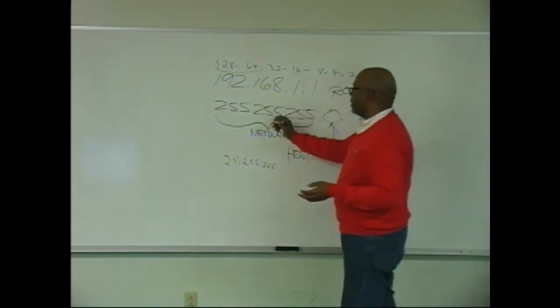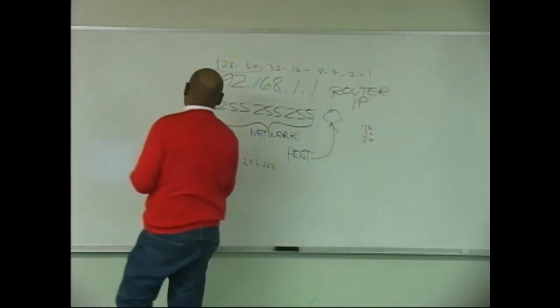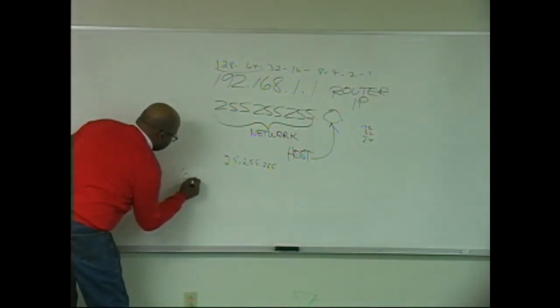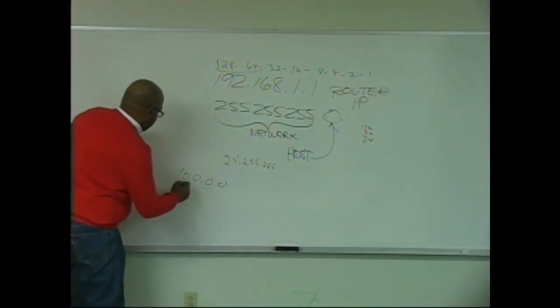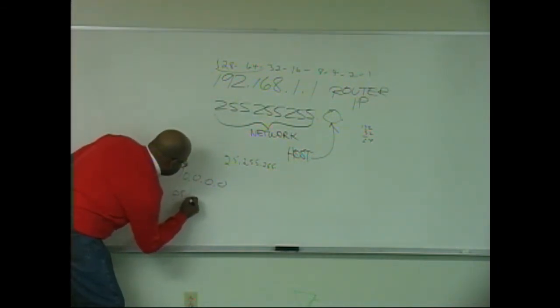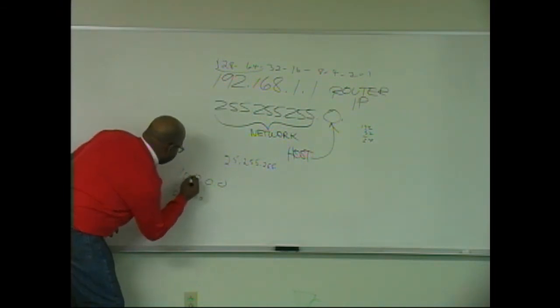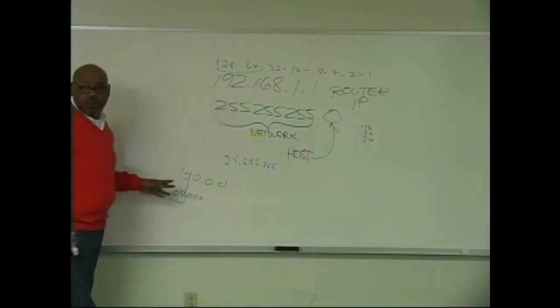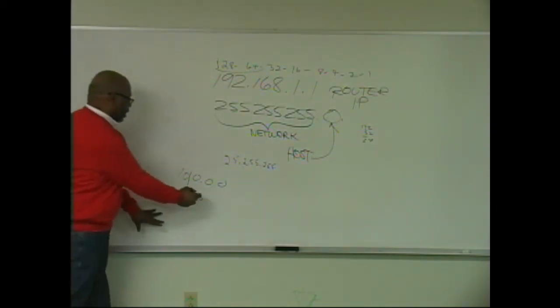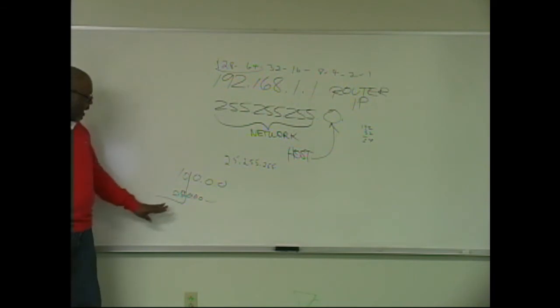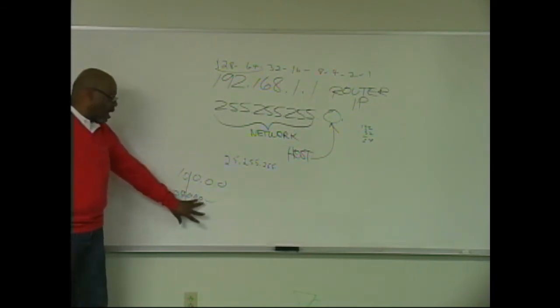A class A address would start with something like 10.0.0.0, with mask 255.0.0.0. You know right away that the first octet is the network, and all the rest over here is host.